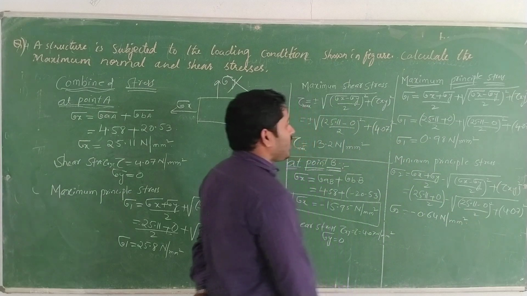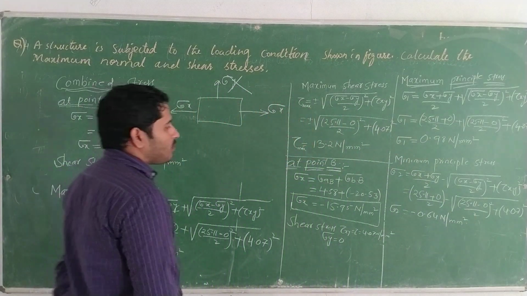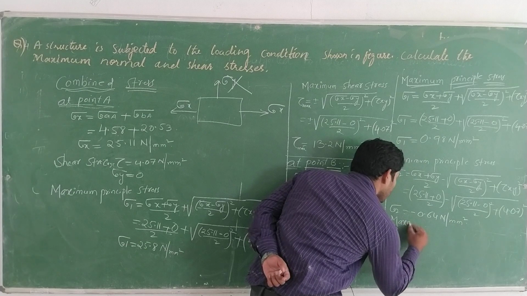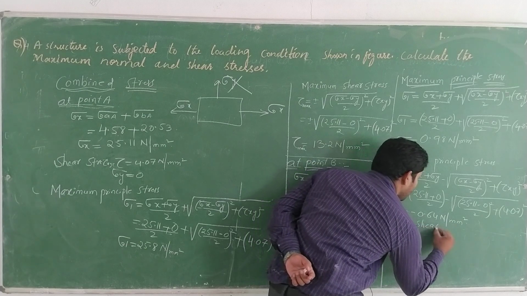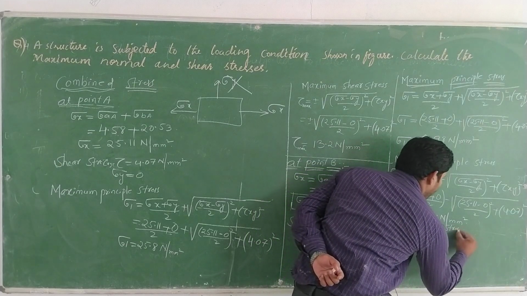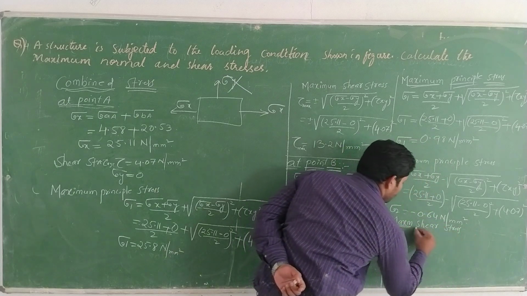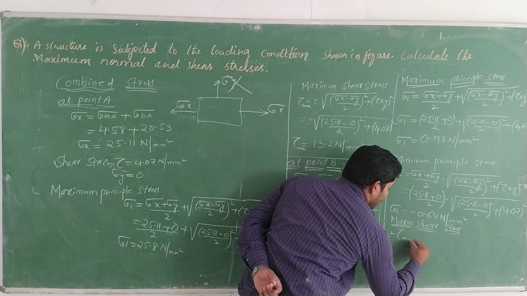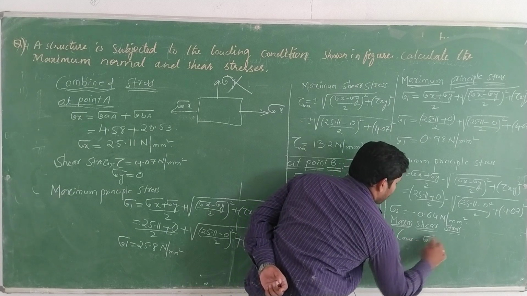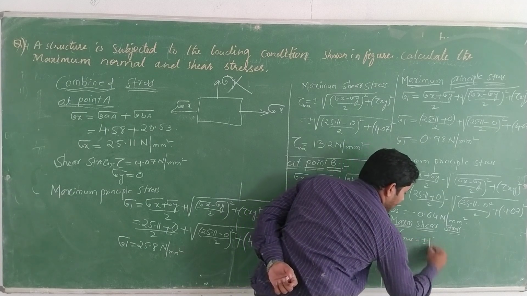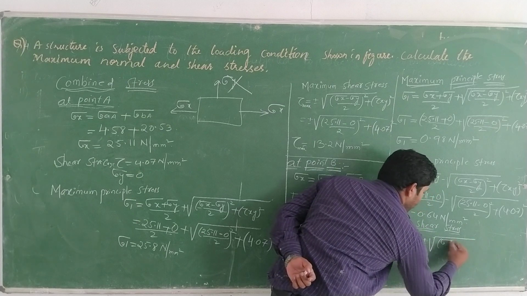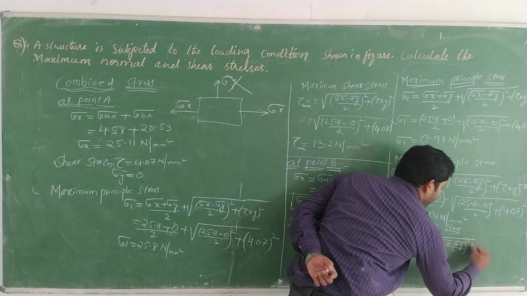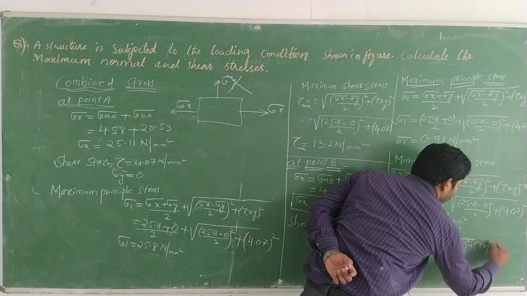Again, we need to find the maximum shear stress. The formula is tau max equals under root of ((sigma x minus sigma y) by 2) whole square plus tau xy whole square.